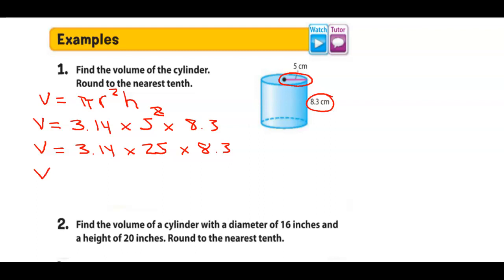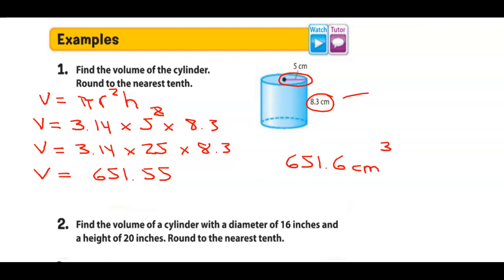When I multiply straight across, I get 651.55. The instructions are asking me to round to the nearest tenths, so let's make that 651.6. We are dealing with centimeters, so I'm going to say centimeters. When you're dealing with the volume, make sure that you cube your answer.